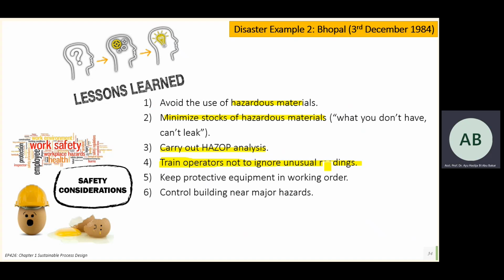Error is error. But unusual reading? Not a desired condition. Okay, so let's say your optimum temperature is 100. High level should be 120.